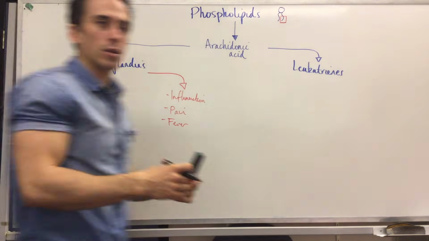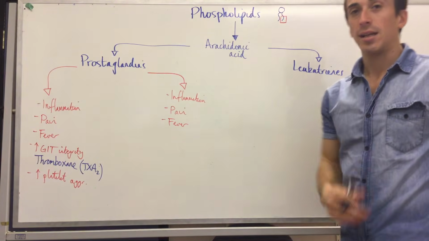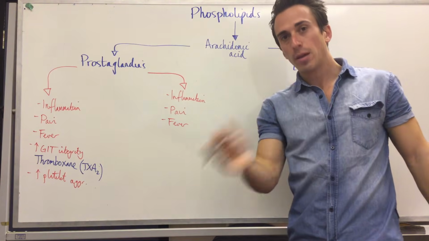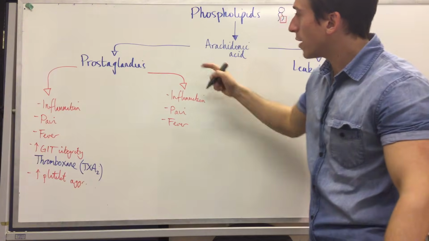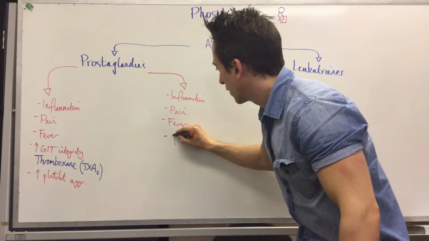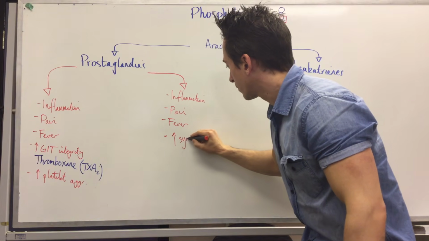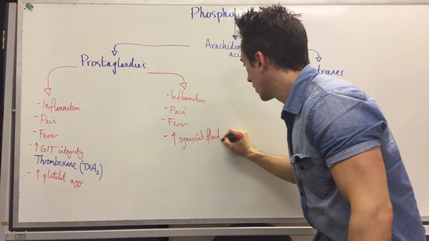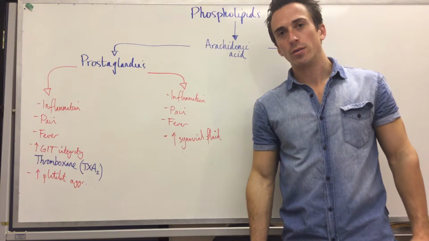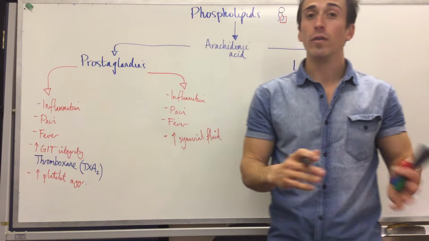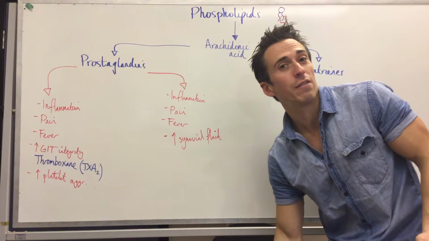If we have a look on the other side of these prostaglandins, again they are involved in inflammation and pain and fever, but some other processes. For example, you'll find that these prostaglandins are in high quantities in synovial fluid. Now, why is this important to note? Because think about where we find this synovial fluid. We find it at synovial joints. Okay, so that includes the knee, for example.